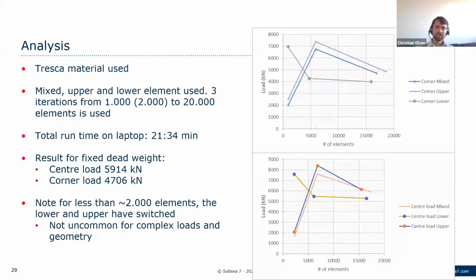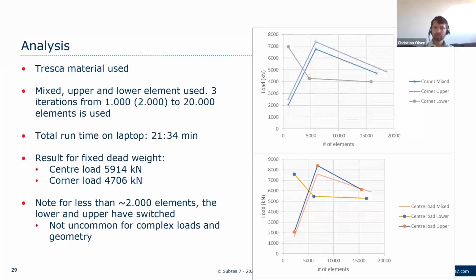Of course, these capacities here are far higher than the actual trawl load. So the trawl load is not governing in this case for the structure. Also note that for less than 2,000 elements, we actually see that the upper and lower bound values have been switched. It's not uncommon that this happens in Optums for very rough meshes where it's very complex geometry.